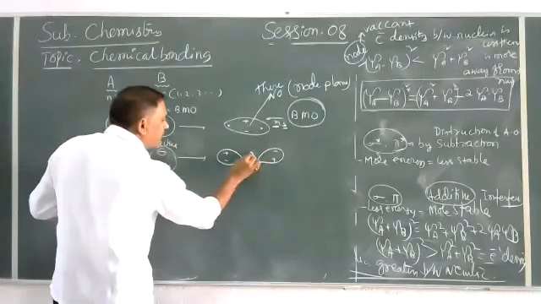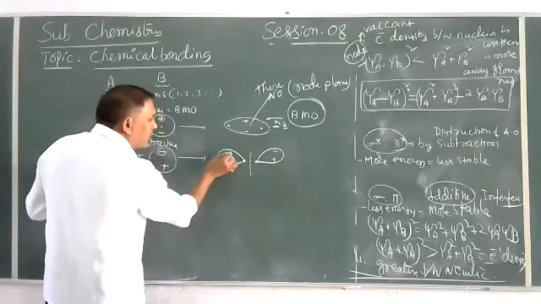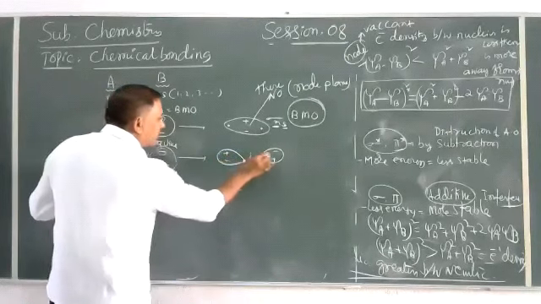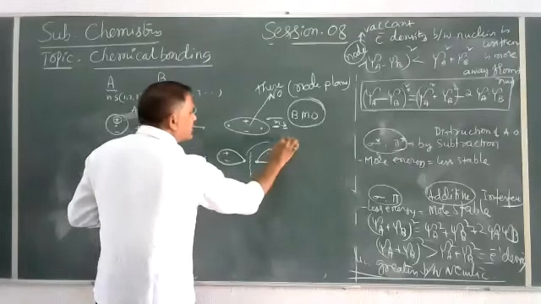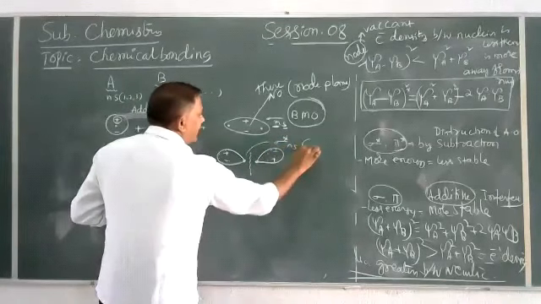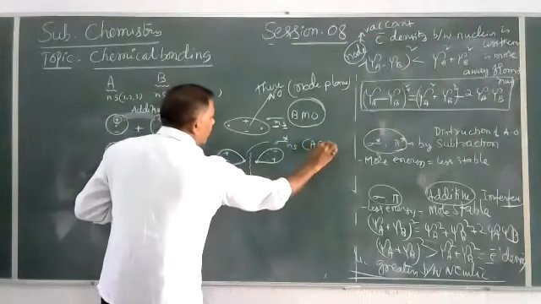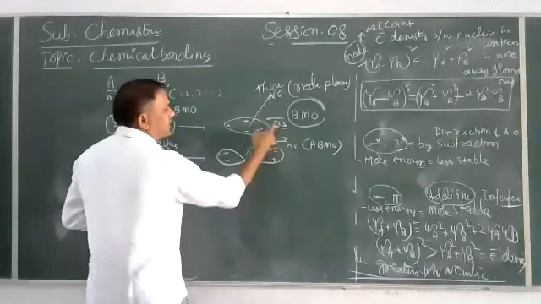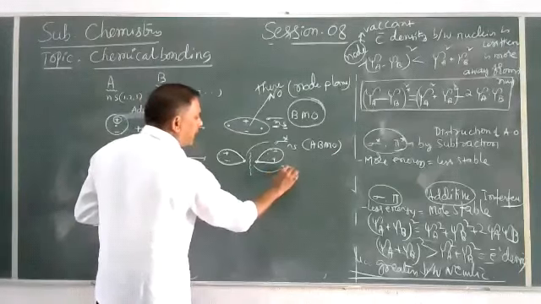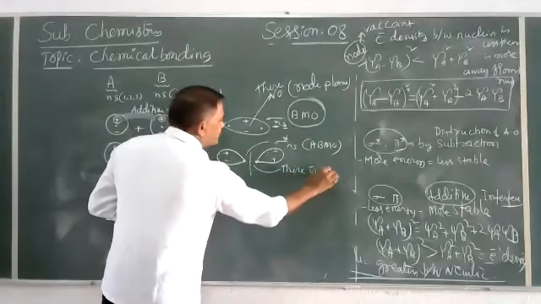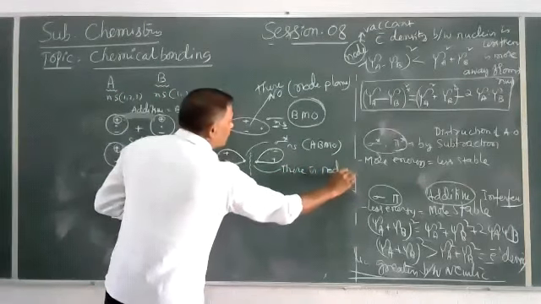Here there is a vacant space. Electrons are concentrated here, not between the nuclei. It is denoted by sigma star ns. It is an anti-bonding molecular orbital. Here n stands for 1, 2, 3, 4, and so on. There is a node, a nodal plane, that exists.